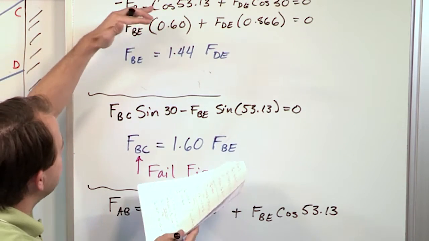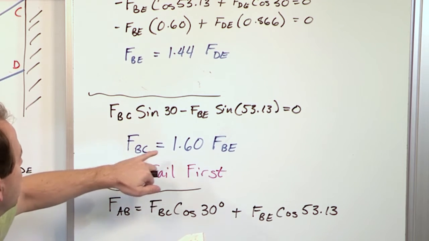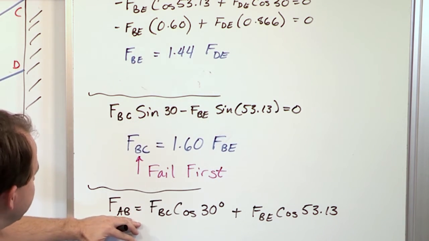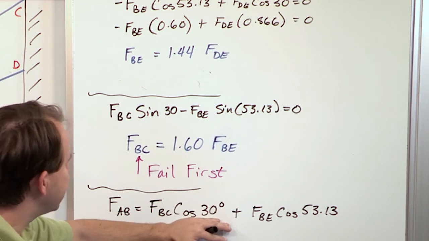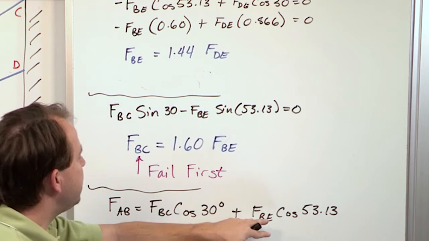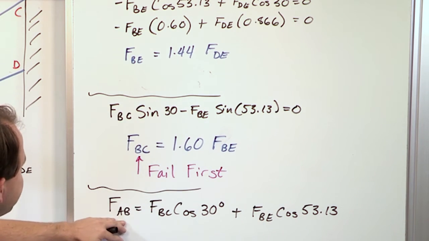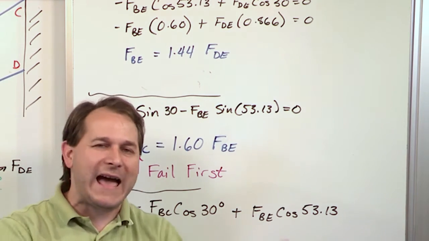So of everything else, all the other ropes, BC is the one that fails first, more than BE, more than DE. But now we solve for AB, and we see that on the right-hand side, it's going to be BC times a number, and also BE times a number. So basically, F_AB is going to be the sum of the two highest tensions that we have on the right-hand side.